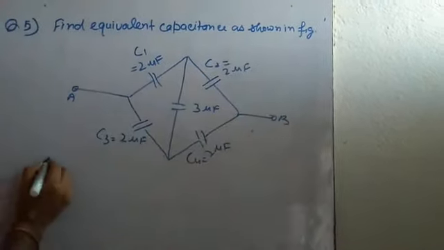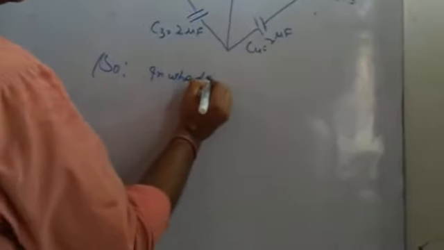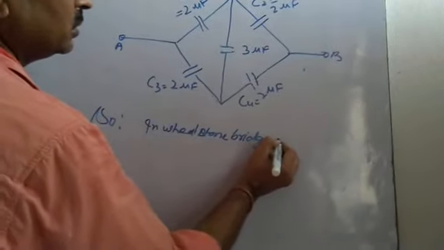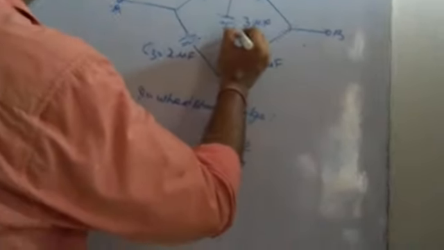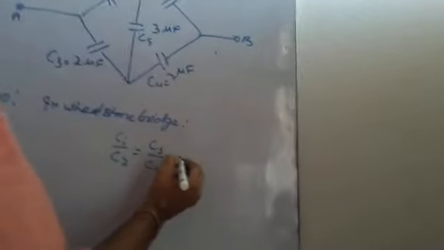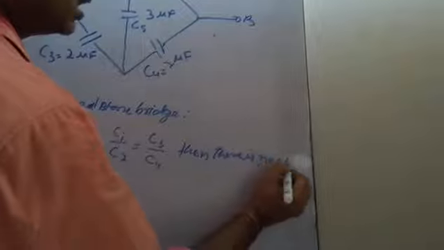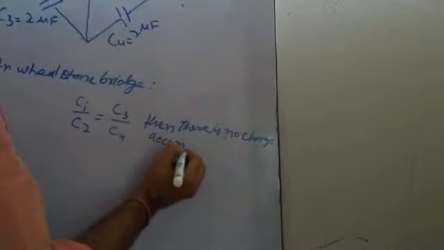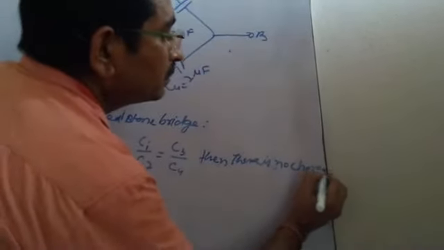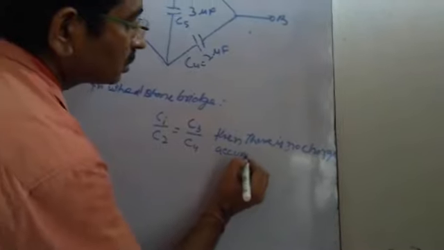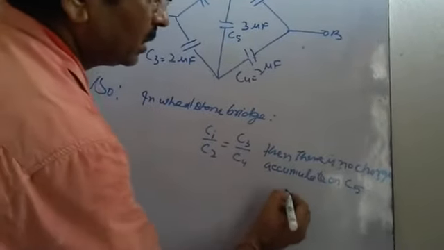Solution. This is a Wheatstone bridge. C1 by C2 equal to C3 by C4, then there is no charge accumulated on C5, means this is in equilibrium.